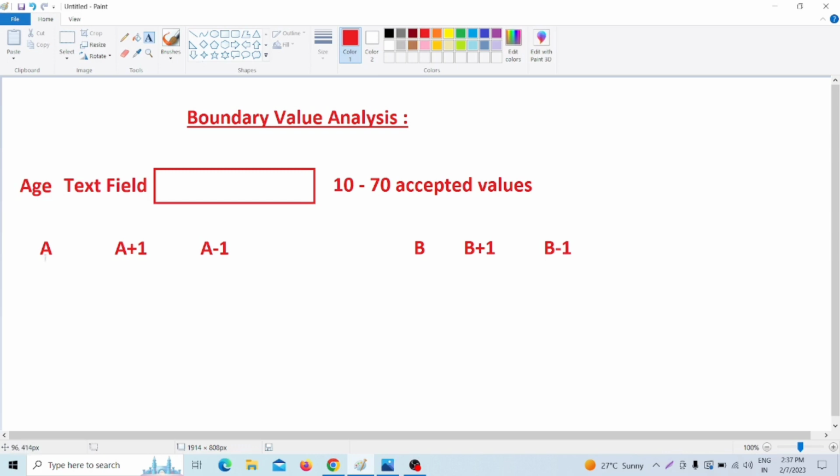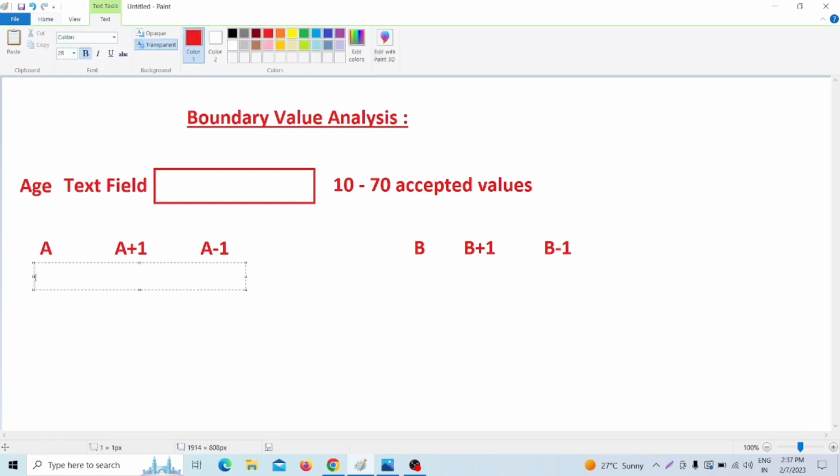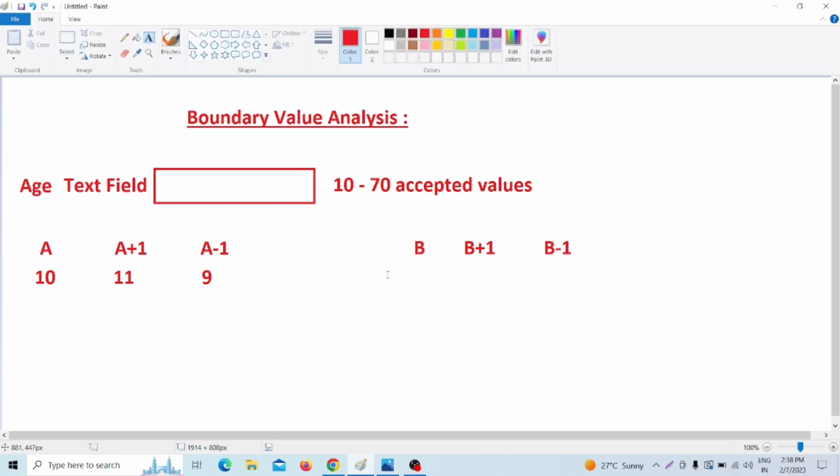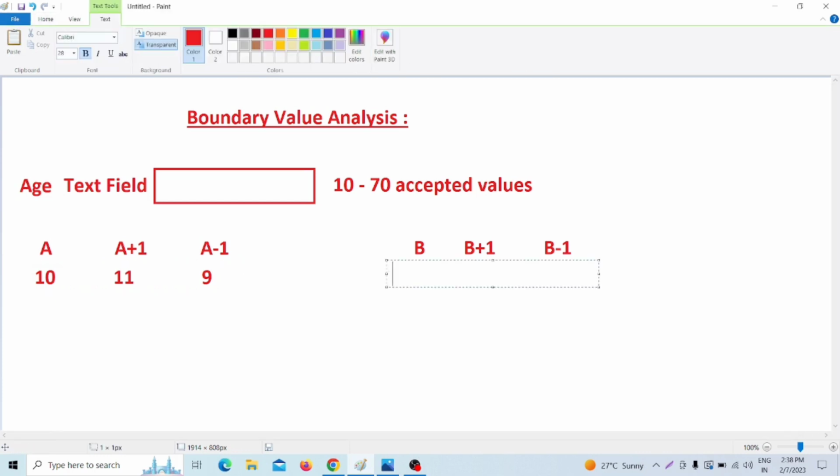So A is 10. And what is A plus 1? 10 plus 1, that means 11. And what is A minus 1? That is 10 minus 1 equals 9. And B is 70.